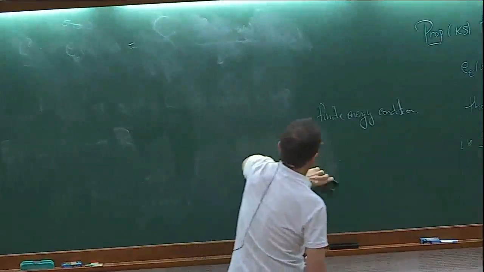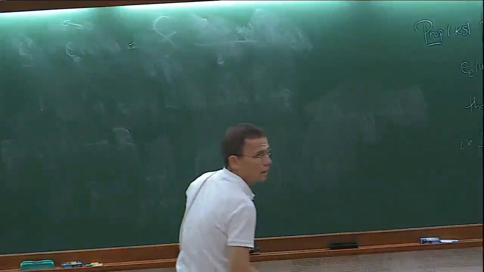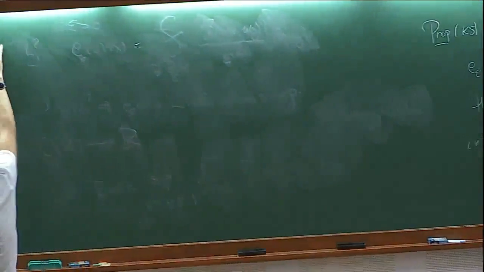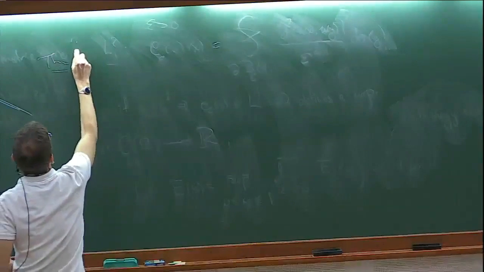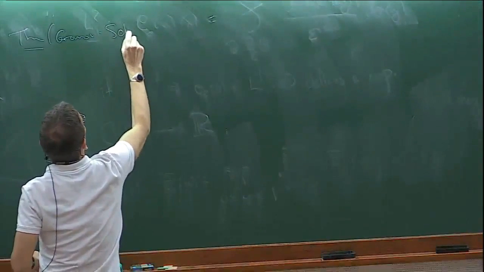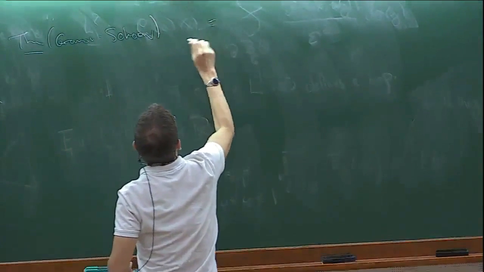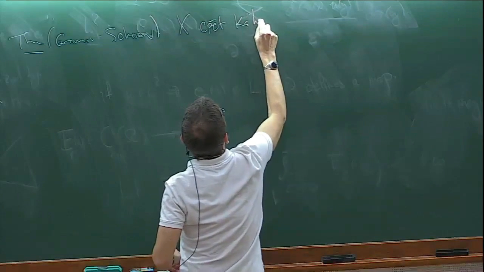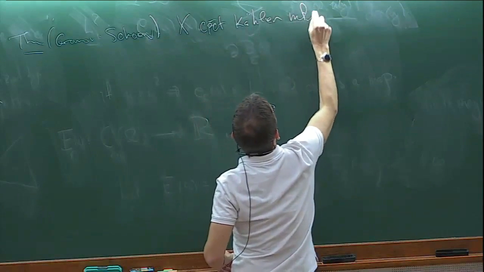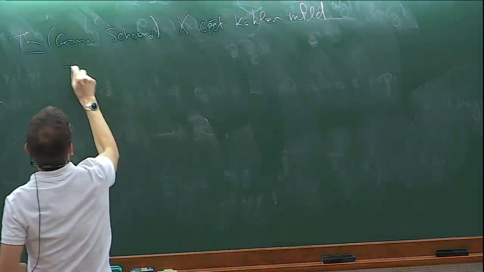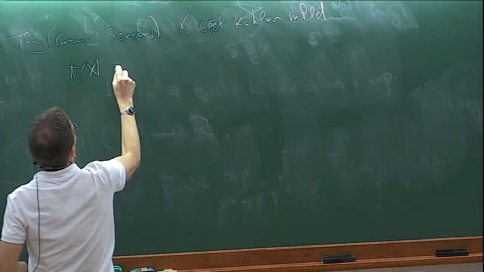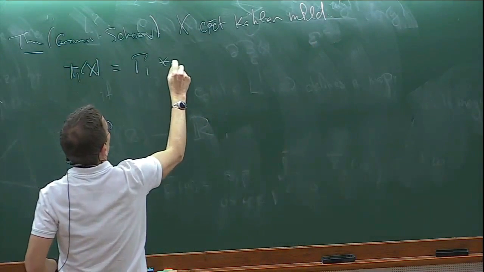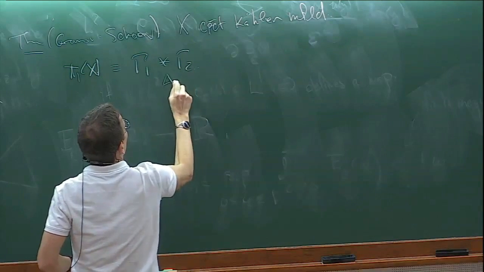Okay, so let me give you an application. Here's a theorem, which is an application of this, and this is again due to Gromov and Schoen. Let X be a compact Kaehler manifold, and suppose that the fundamental group has an amalgamated free product decomposition.